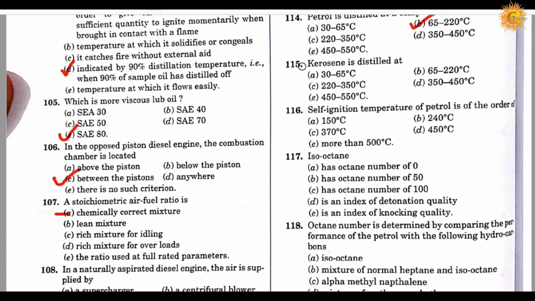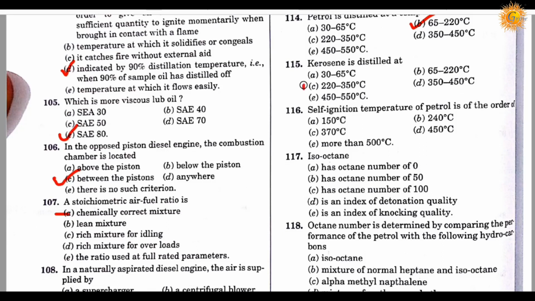Question number 115. Kerosene is distilled at: option A, 30 to 65 degrees centigrade; option B, 65 to 220 degrees centigrade; option C, 220 to 350 degrees centigrade; option D, 350 to 450 degrees centigrade; option E, 450 to 550 degrees centigrade.